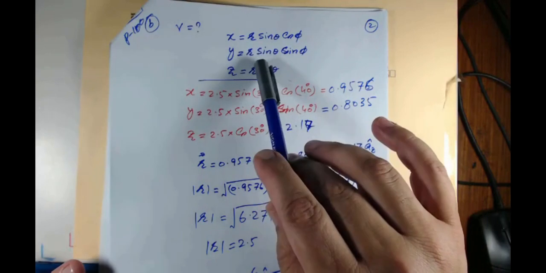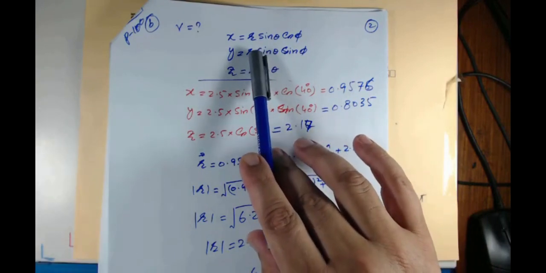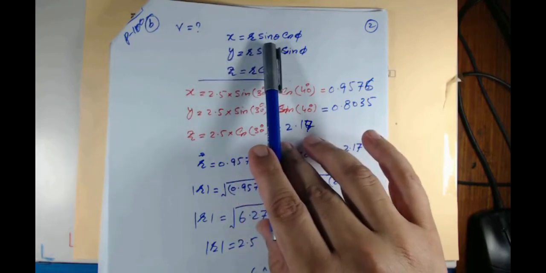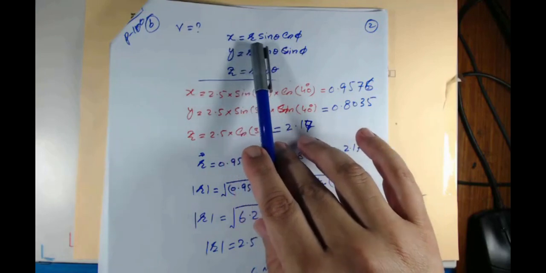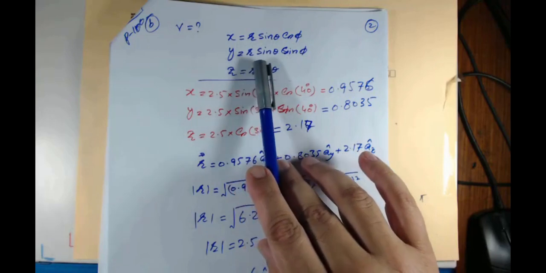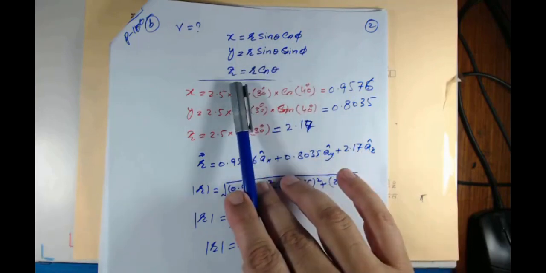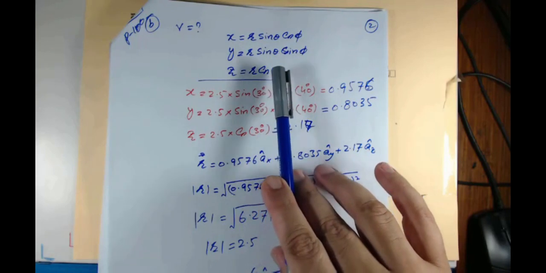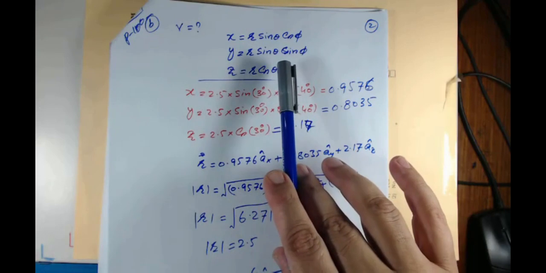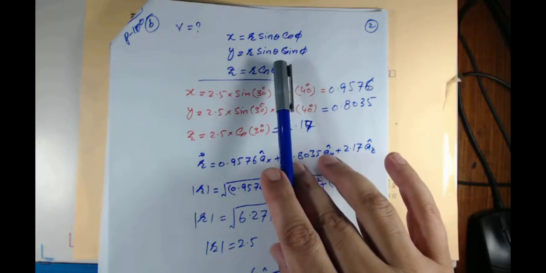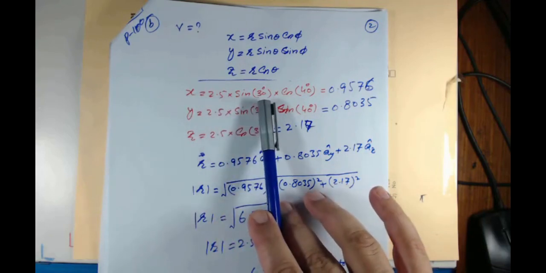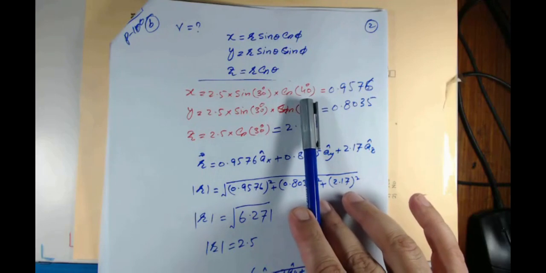For that purpose, we use these relations. The relationship between the rectangular variables and spherical variables is given by these relations. That is, x equal to r sine theta cosine phi, y equal to r sine theta sine phi, and z equal to r cosine theta. Using these relations, we can easily obtain the coordinates of point P, which are given in spherical coordinate system, that is R equal to 2.5, theta equal to 30 degree, and phi equal to 40 degree.